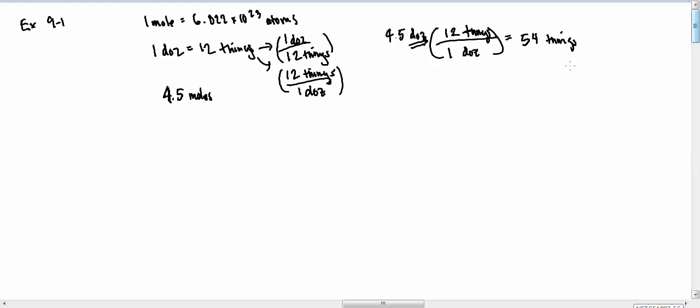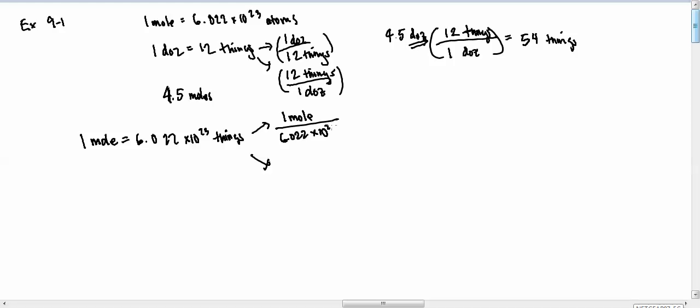So 1 mole equaling 6.022 times 10 to the 23rd power of things implies I can have two fractions. I can either have the 1 mole on top divided by 6.022 times 10 to the 23rd power things.